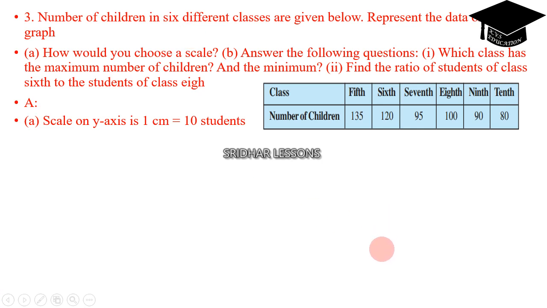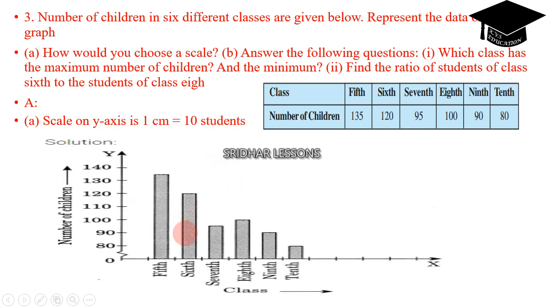How are you going to choose the scale? On the y-axis, 1 centimeter equals 10 students, like this. Starting from 80, it is 80, 90, 100, 110, 120, 130, 140 students.